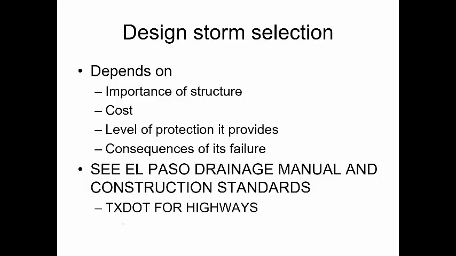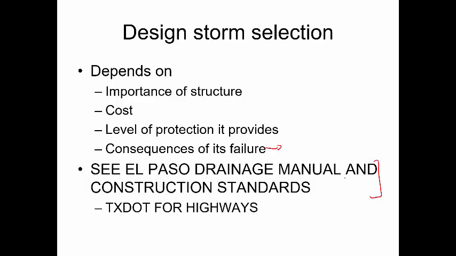So this design storm selection depends on the importance of the structure, the cost, the level of protection, and the consequences of its failure. And this is where I'm saying, if the consequence is human life, well, then you have to have a very sturdy structure.